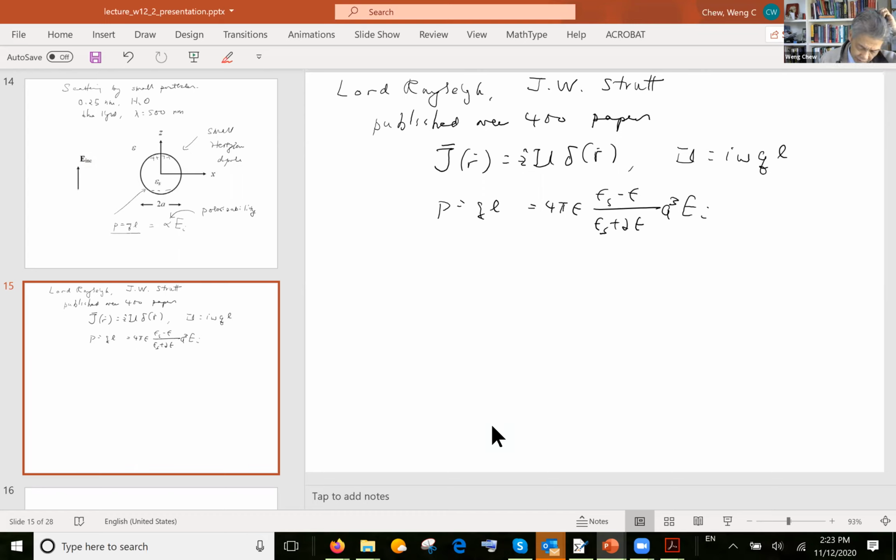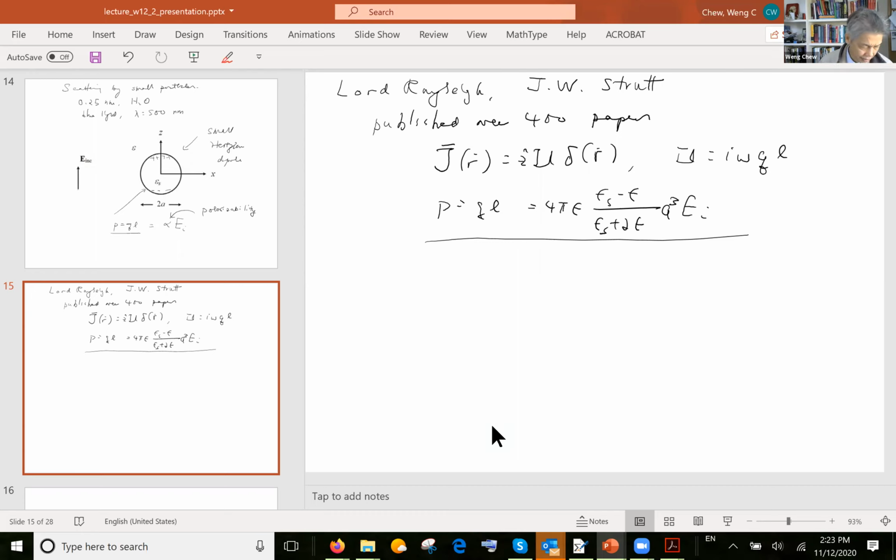Okay, so then we just use this result and understand the physics. First, the light comes in, polarizes a particle, makes the particle look like a dipole or a Hertzian dipole, and then this dipole would just radiate like a Hertzian dipole because it's so small compared to the wavelength. And the polarizability is given by this equation, that the dipole moment P is proportional to the amplitude of the incident field.